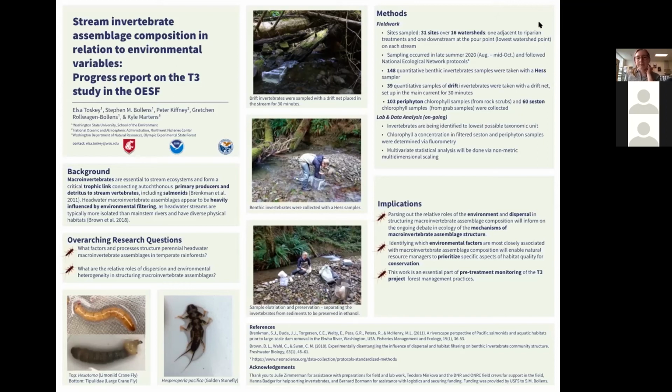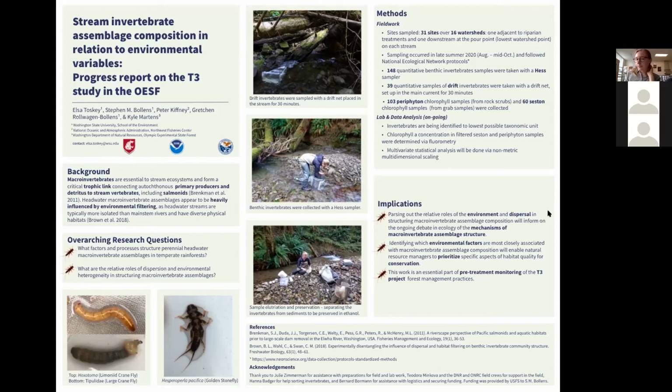I also have already completed the lab analysis for the algae samples, where I filtered the algae and then used fluorometry to determine the chlorophyll a concentrations. And then lastly, I plan to use multivariate statistical analysis, specifically non-metric multidimensional scaling, to analyze these assemblages.